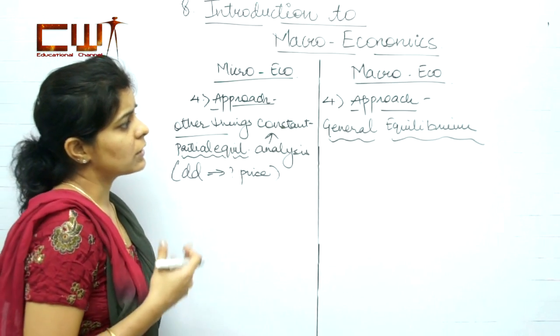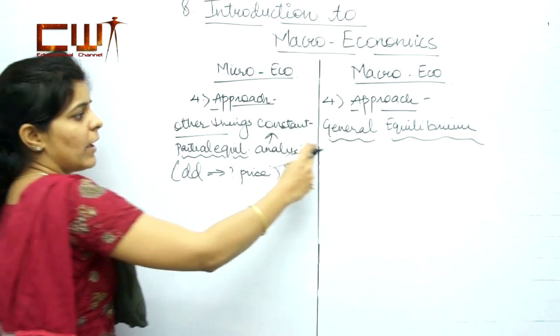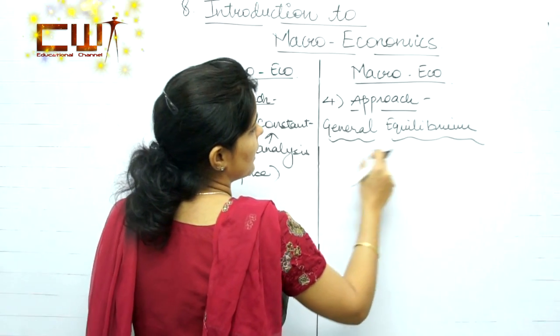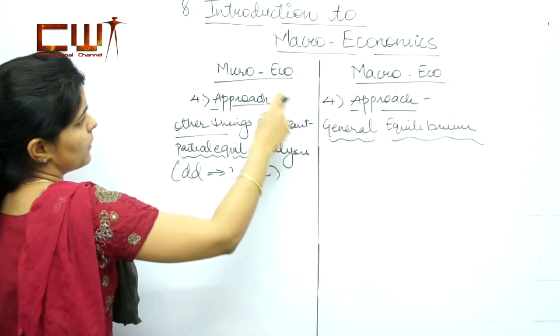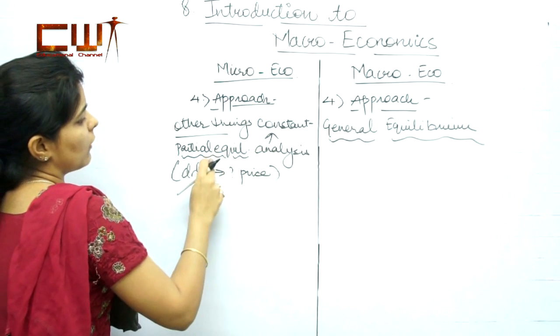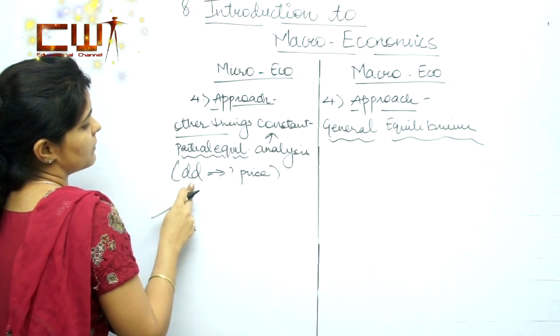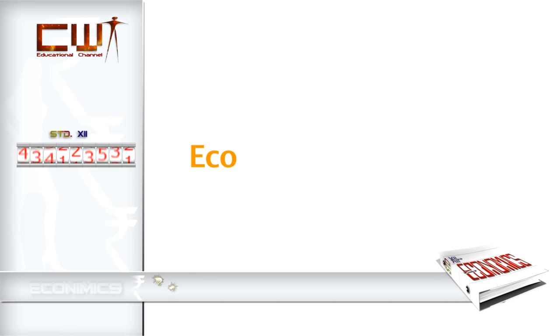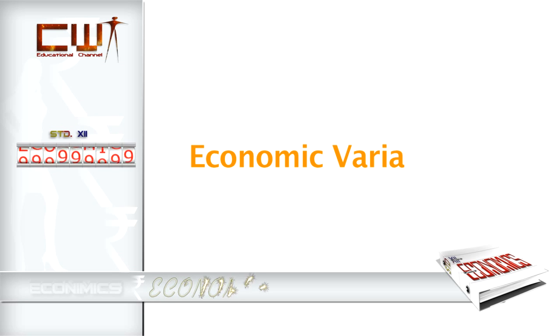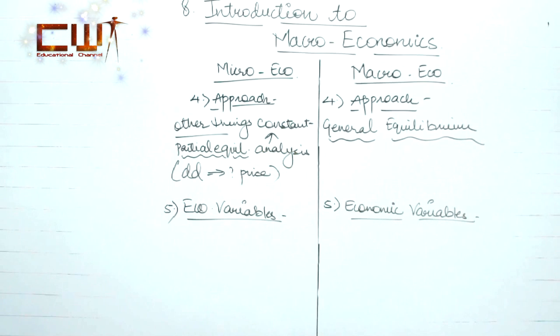This is how you study general equilibrium, when everything is affecting every other thing. This is the macroeconomic approach. But the microeconomic approach is partial equilibrium, where only one factor is affecting the other and the rest are constant.